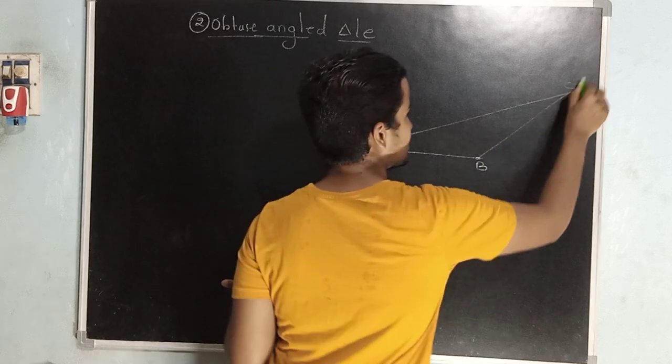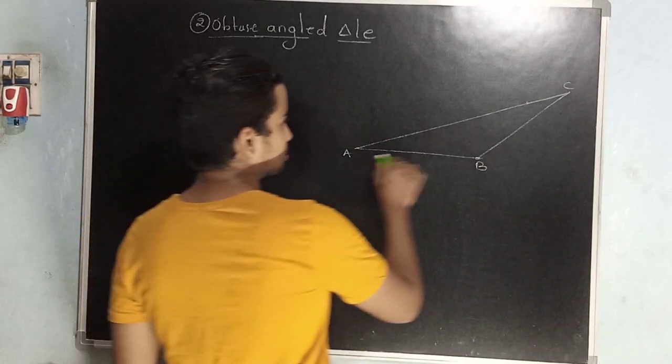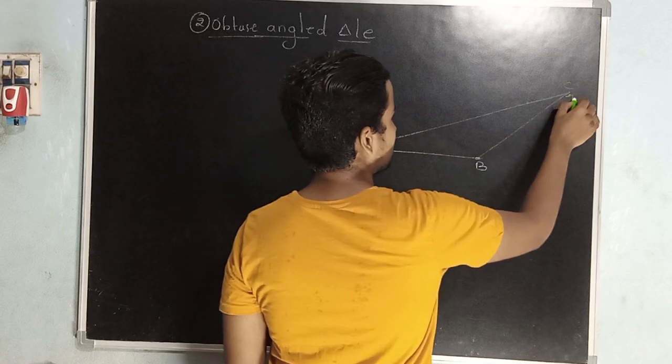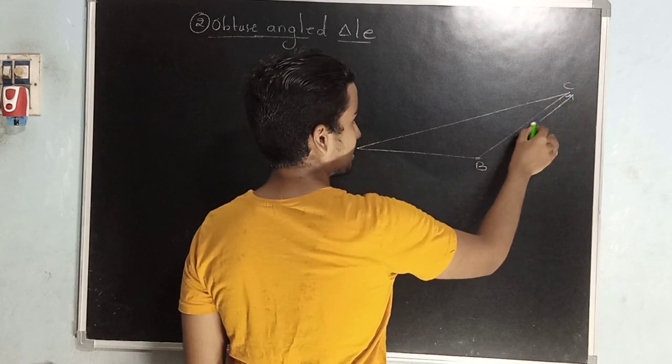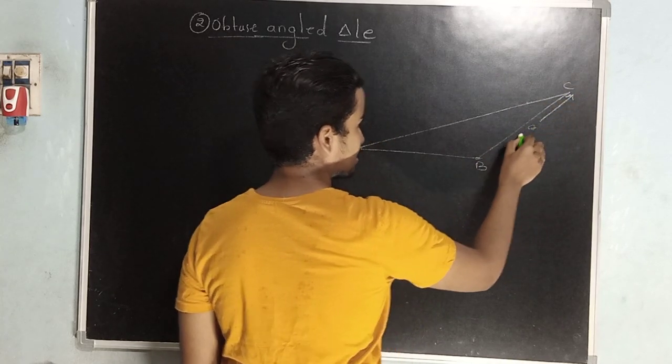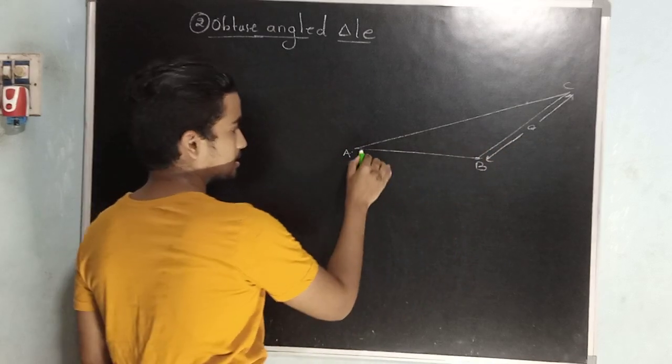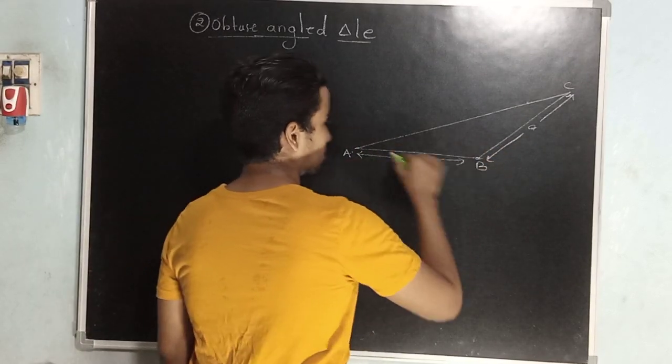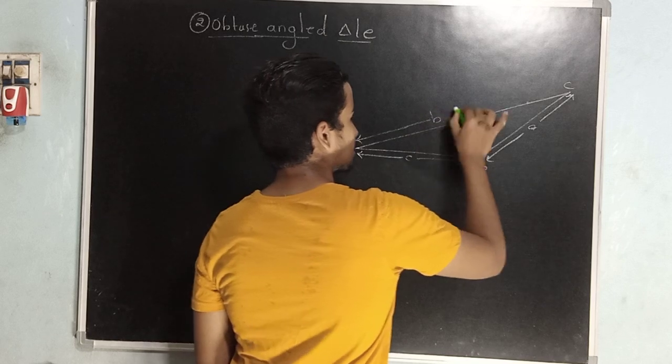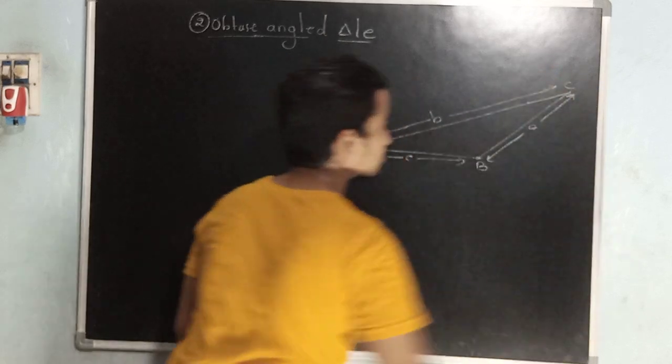ABC. Let me consider its length as a because it is opposite to vertex A. It is c and it is b.